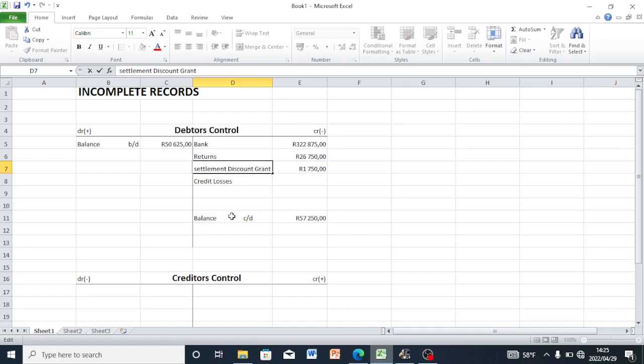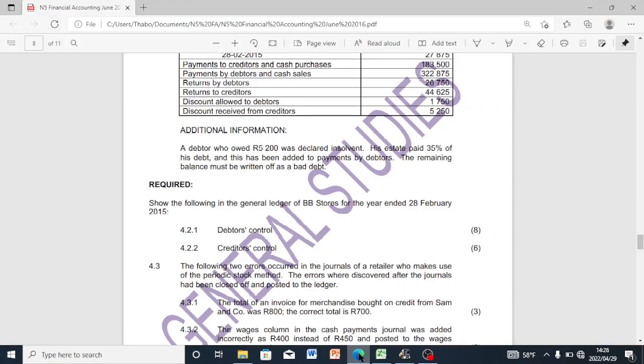So our credit losses, we are going to say 5,200 times the 65% that should be written off, which is then giving us 3,380. So by the look of things, we are done with our debtors control, which is for 8 marks.